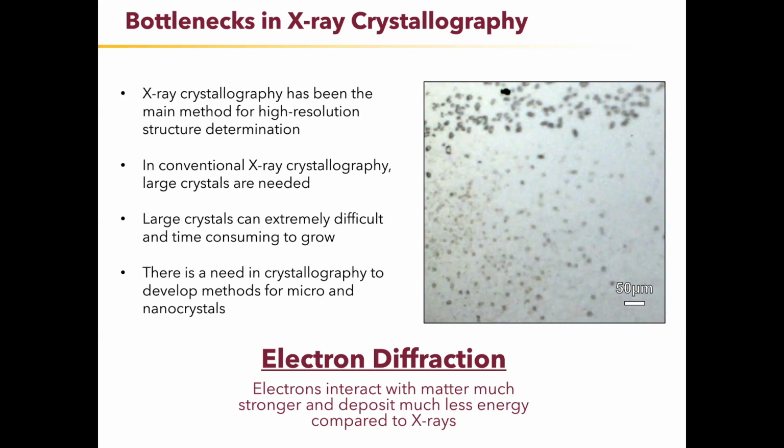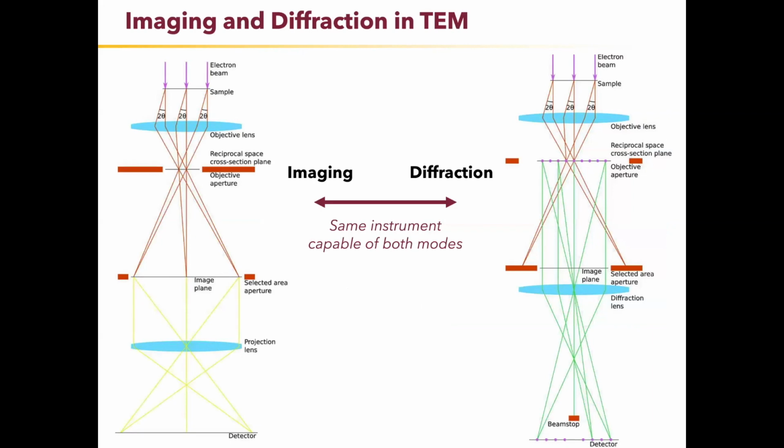So how do we collect diffraction data? Well, if you're in cryo-EM, this should look familiar. This slide is just to highlight the fact that you can use the same instrument, the cryo-electron microscope, to collect both images and diffraction. So when we're talking about diffraction data, we're using the same type of microscope you'd use for imaging. You would just swap modes.